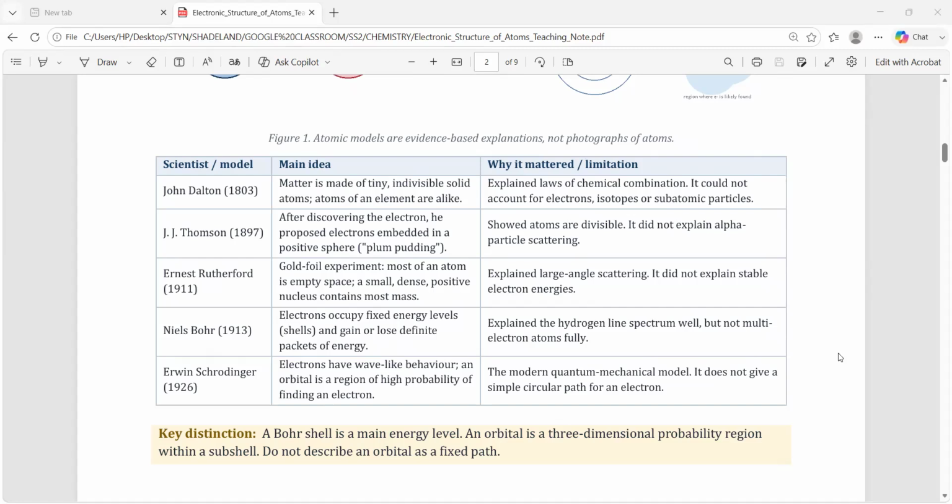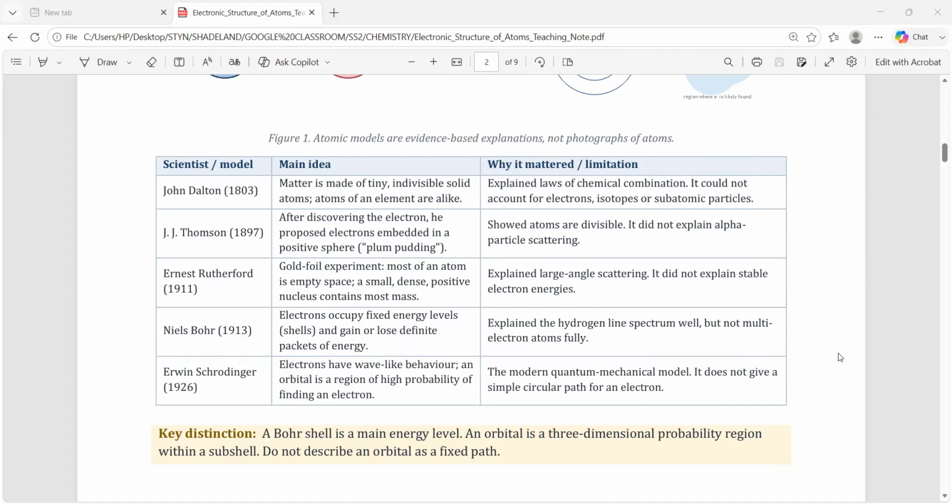Very good. I want you to read me John Dalton, 1803, his main idea and why it mattered and his limitation. John Dalton, 1803. Go on.